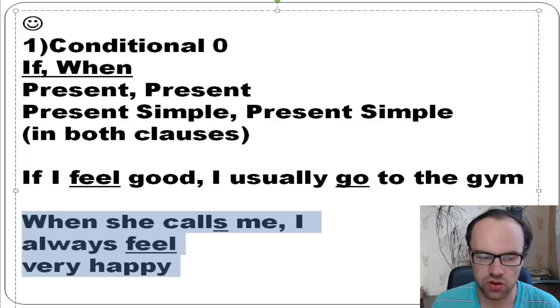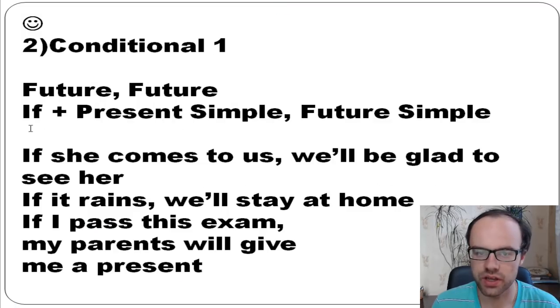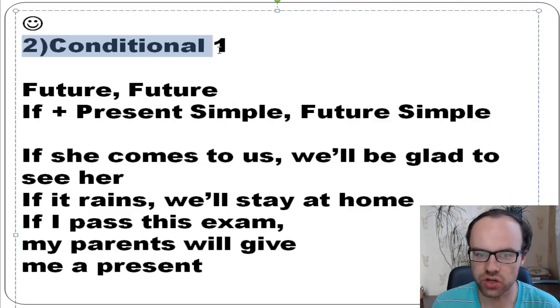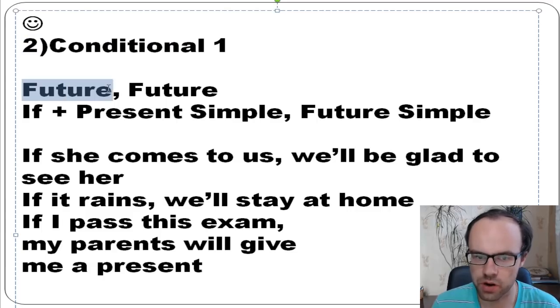Okay, so let's talk about the first conditional. So we talk about the future. We talk about the future in the first part of the sentence and in the second part of the sentence too. Future and future.